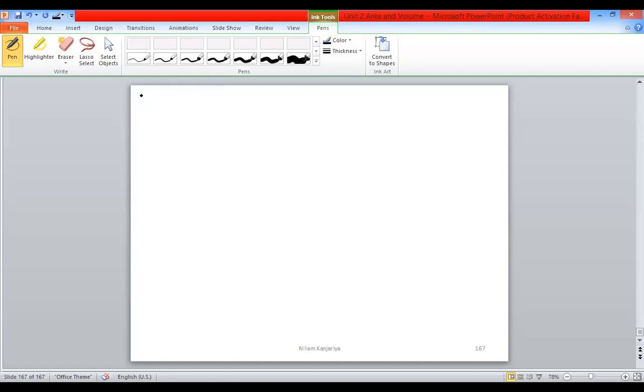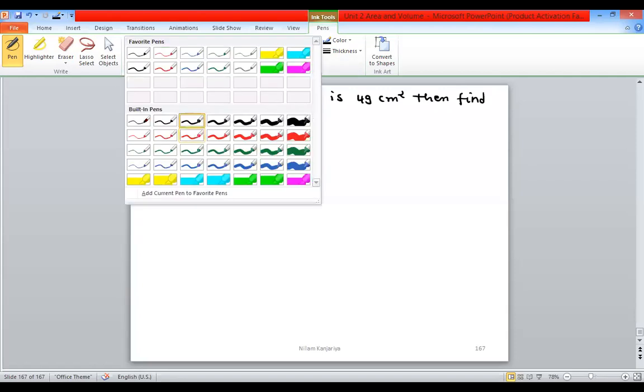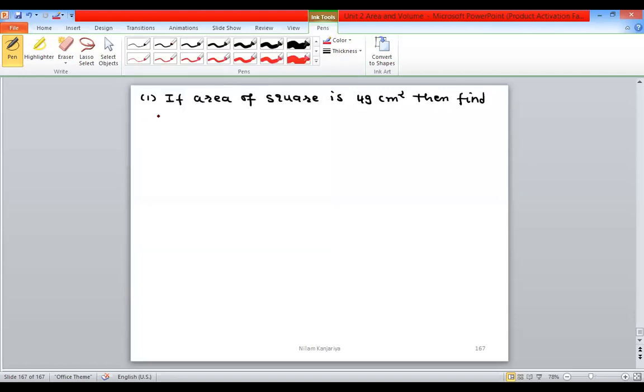Number one, if the area of a square is 49 centimeters square, then find its perimeter.